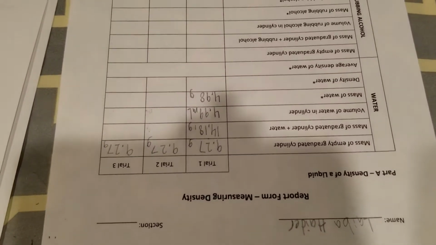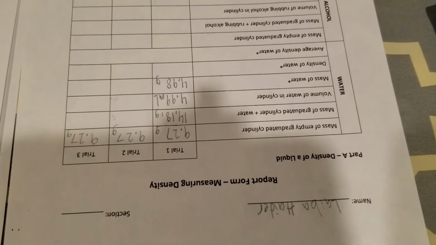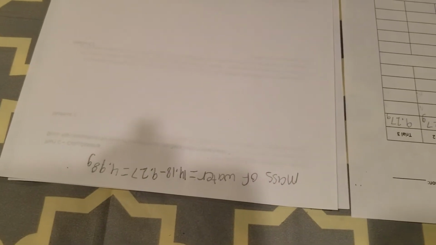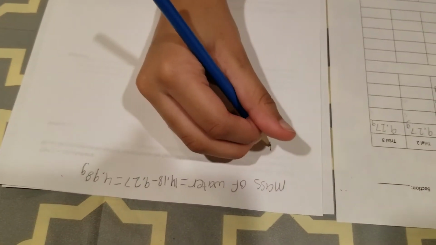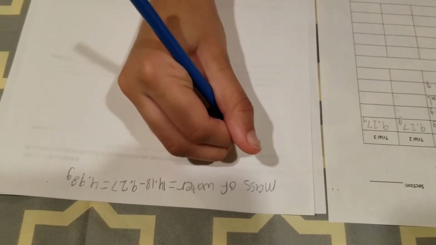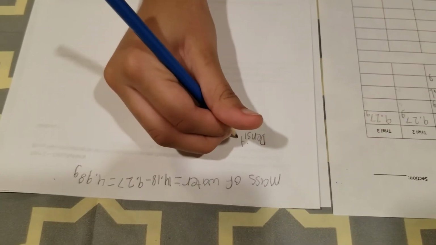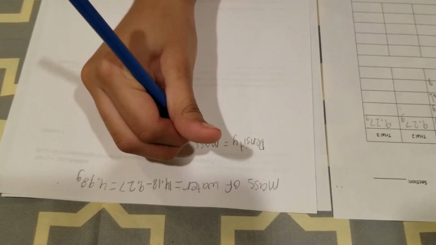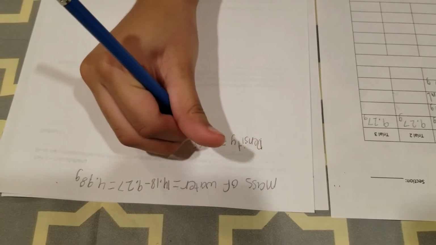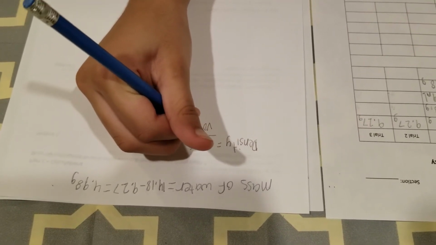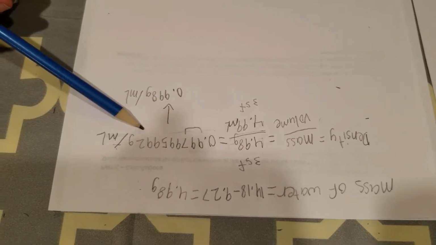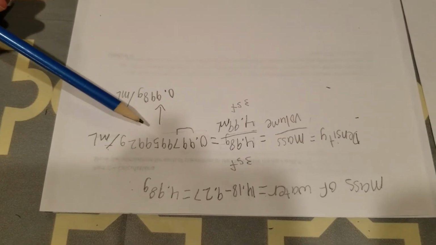Next, we have to find density of water, and since there is an asterisk, it means we have to find density on the calculation page. Density equals mass over volume. Okay, when you have this long number in your calculator, we will round this to the correct number of sig figs.